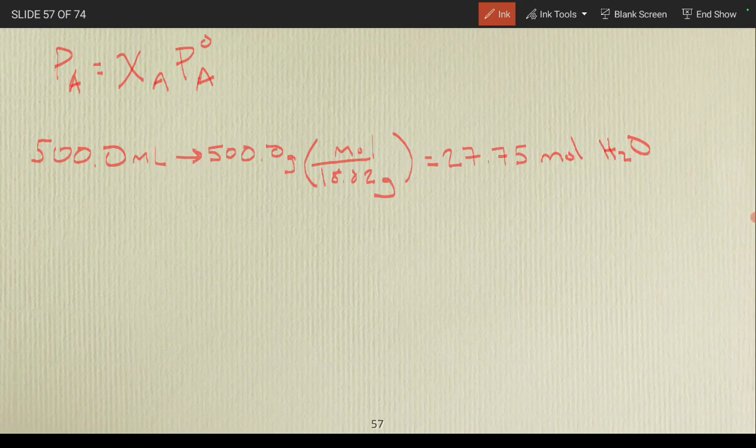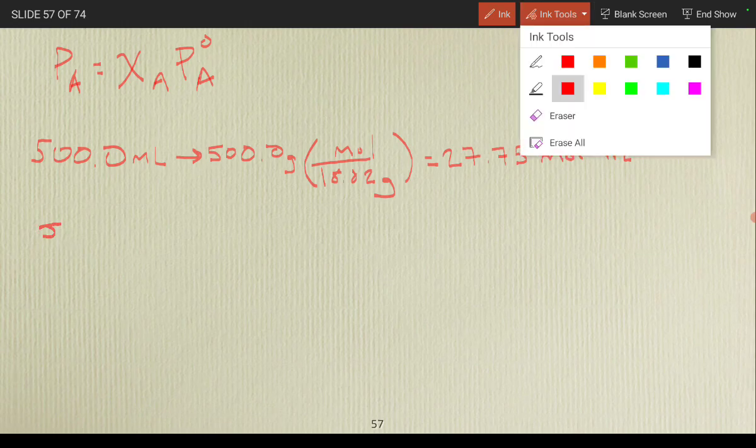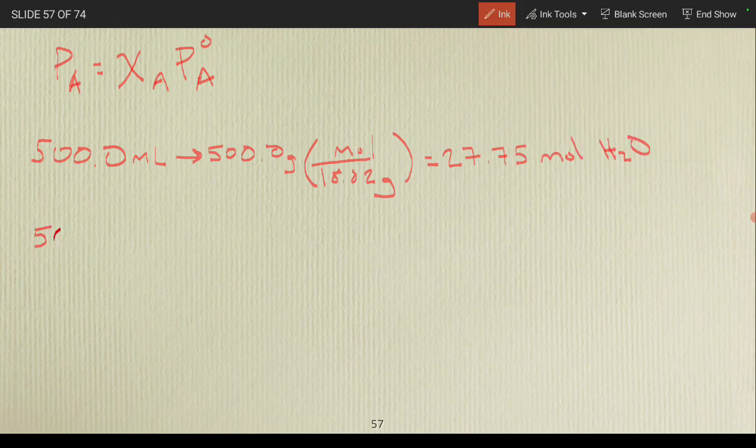And then for the glycerin, we had 50 milliliters of that. And then we had a density of 1.26 grams per milliliter. So we can take that volume, multiply it by the density to get the mass, and then we can use the molar mass.